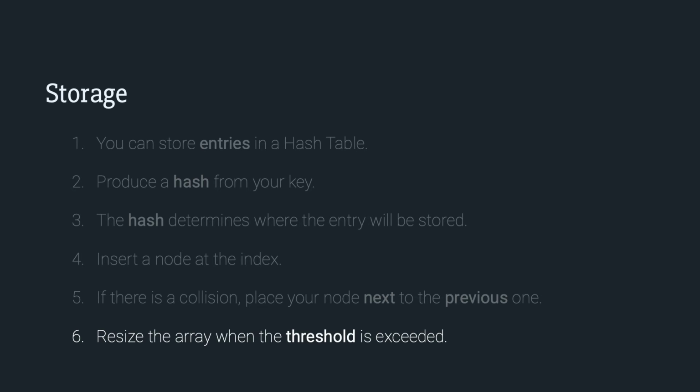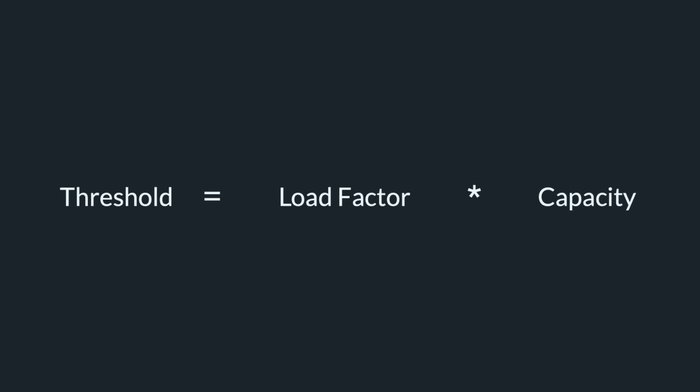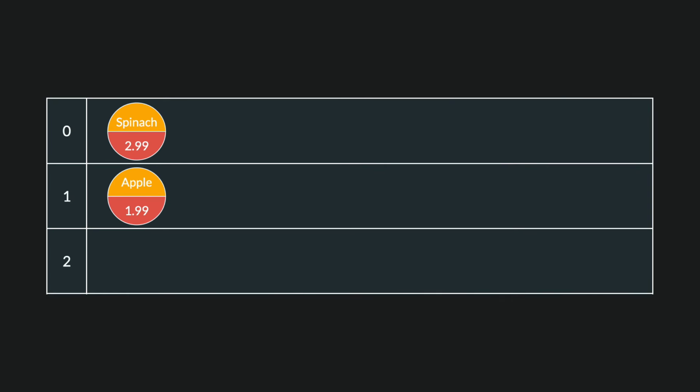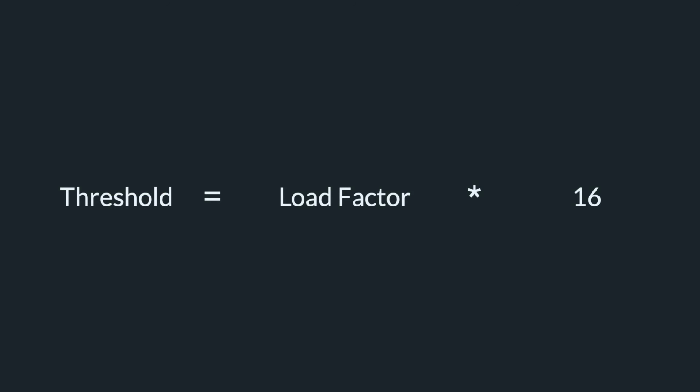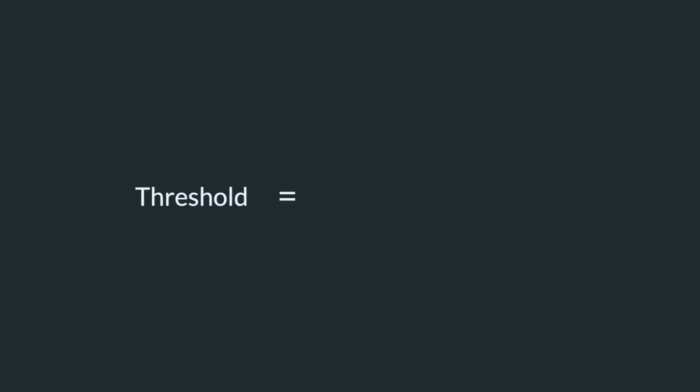Step 6 is to resize the array when we exceed a particular threshold. The threshold is equal to a load factor multiplied by the capacity of the array. There are 16 buckets, so the current capacity of the array is 16. With a typical load factor of 0.75, our threshold before the next resize is 12.